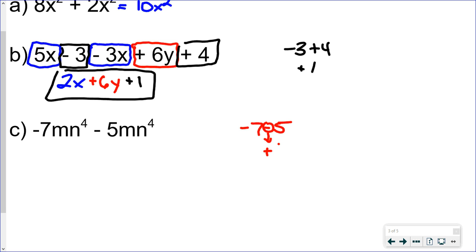So you can do change, change, or you can just do what I call add the opposite. You change the minus sign to a plus, and then you take the opposite of the number that comes after it. So what I have is negative 7 plus negative 5. Those have the same sign, so I add them. The larger number is negative. So this would simplify to negative 12 mn to the fourth.